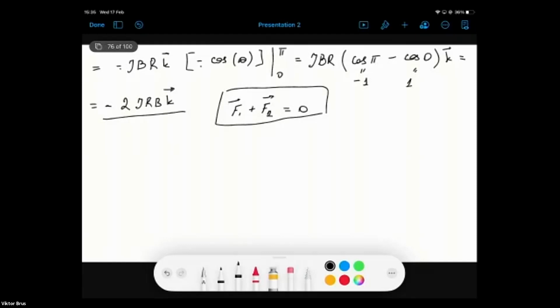So this is true about total force, but if we consider a closed loop in a magnetic field, there could be a non-zero net torque on this loop.